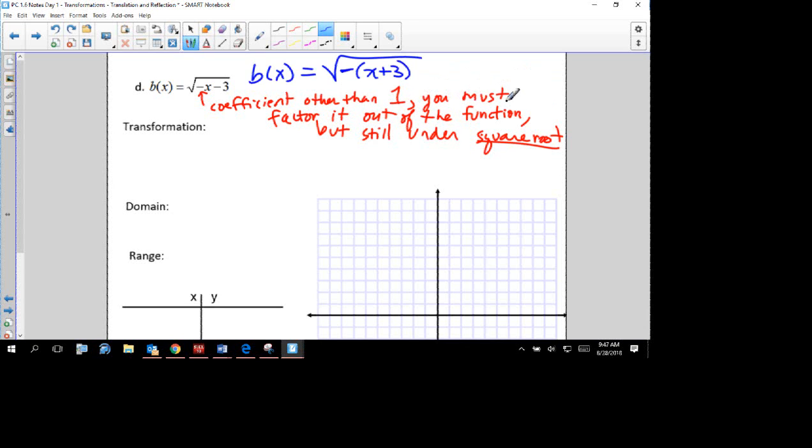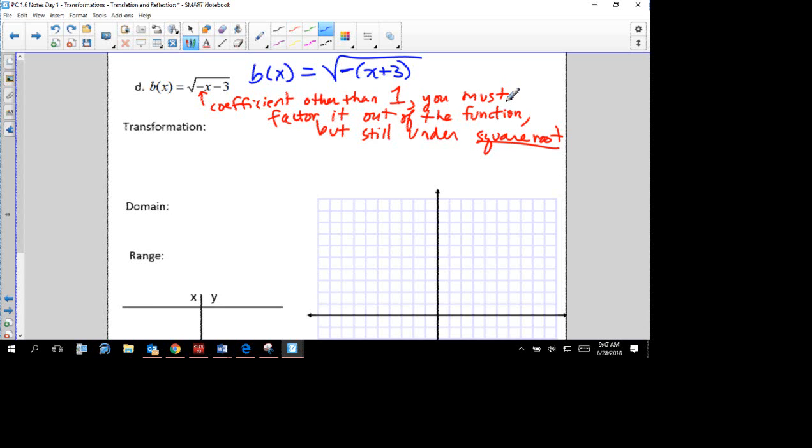So I took that negative out of that part of the function, but it didn't go out of the square root. It's still part of the square root, because if it's under the square root, it's horizontal. You just have this extra parenthesis. And when we do that, it's changing the translation part. So if you don't factor it, you're going to get your translation the wrong way.